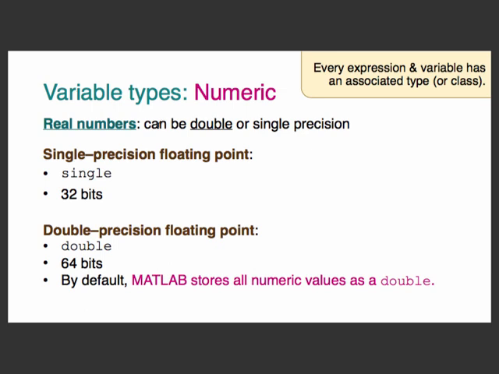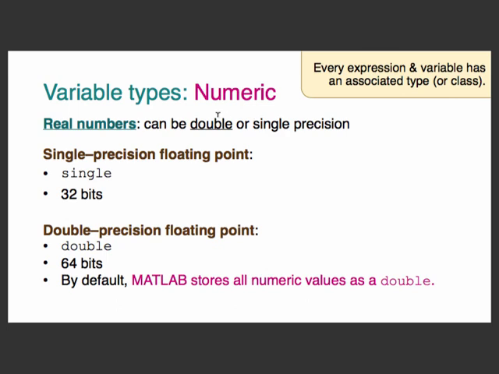We can have real numbers, which can be double or single precision. These are the numbers that contain decimal points, so to speak. They're also the default numbers in MATLAB. When you enter a number into MATLAB, even if it's just 3, it stores it as a floating point number, a real number, by default. That's okay, we don't really care.